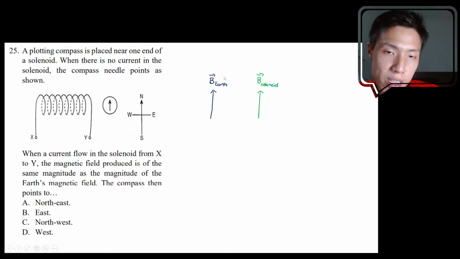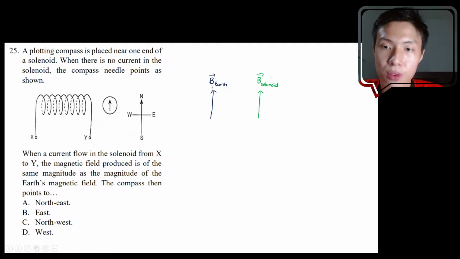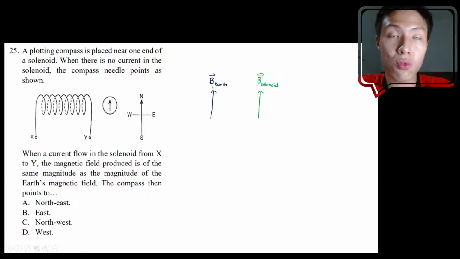So you should expect these two arrows to have the same length, but this B solenoid will not be pointing in the same direction as the Earth's magnetic field. It will be pointing in the direction that we need to determine now.